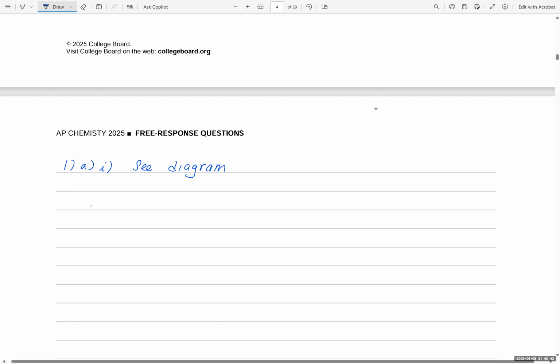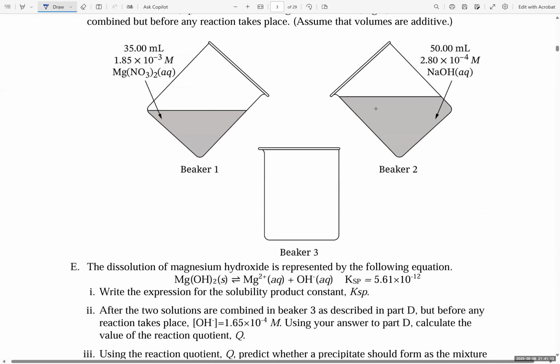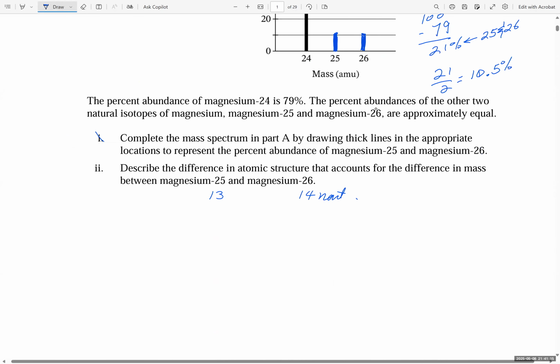And for part 2, we will say that magnesium-26 has 1 more neutron than magnesium-25. Okay, so part 2 is done. And let's go back. So this is done.